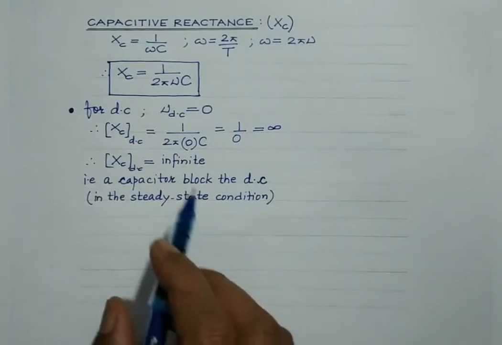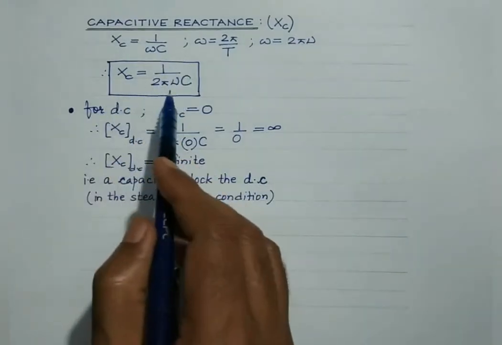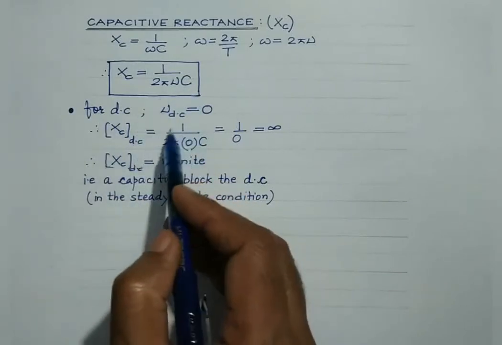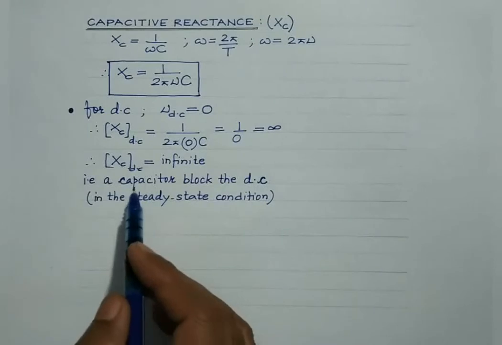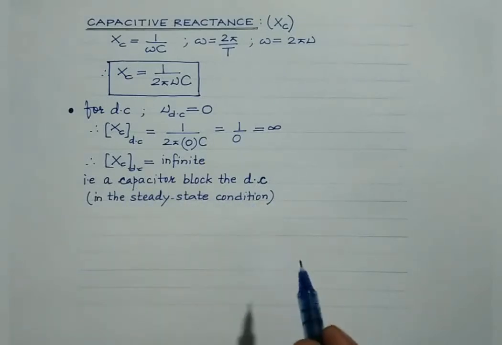So students, it's pretty clear from here. Xc is 1 by 2 pi nu C. So for DC, the frequency is 0. Therefore, Xc will become infinite. Therefore, a capacitor blocks the flow of DC current.